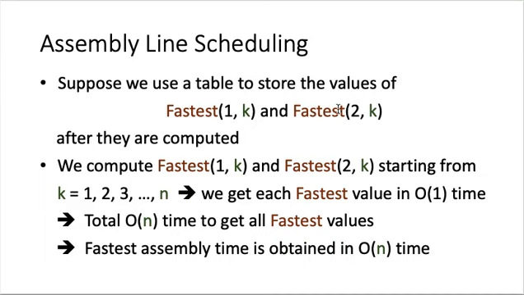And there is also an array for fastest 2K, so fastest 2, 1, 2, 2 up to 2, n. So we can have these two arrays storing the values as they are computed. We can compute fastest 1K and fastest 2K starting from K equal to 1, then K equal to 2, then K equal to 3, up to K equal to n.